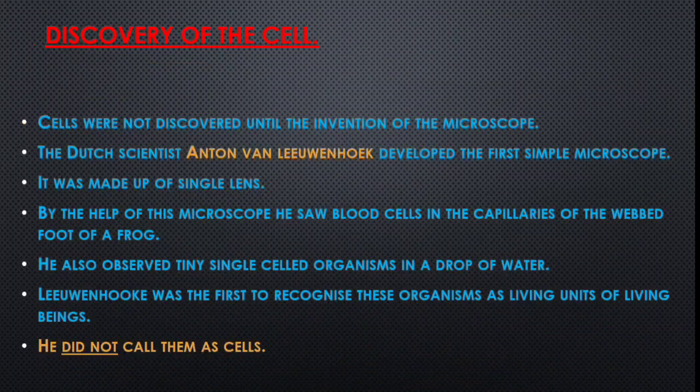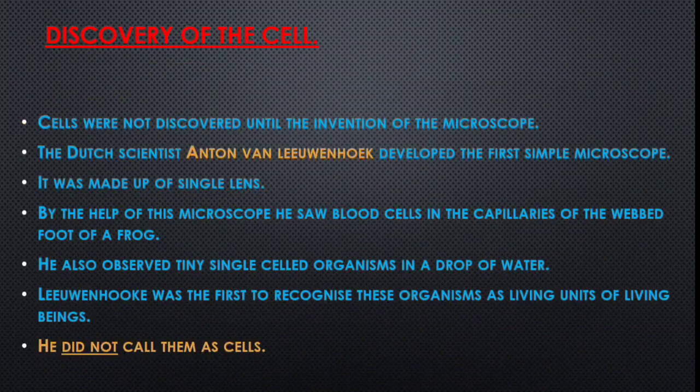The Dutch scientist Anton van Leeuwenhoek developed the first simple microscope. This microscope is called a simple microscope because it was made up of a single lens, only one lens.